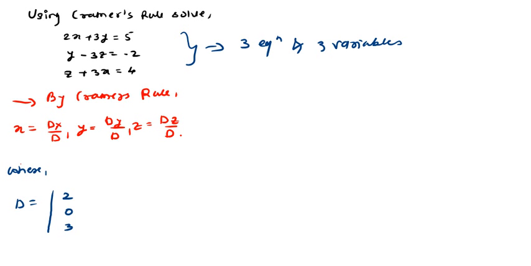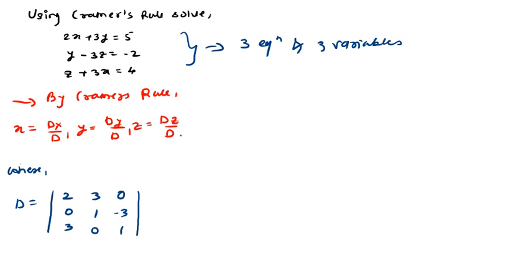In the second column the coefficient of y in the first equation is 3, in the second equation is 1, in the third equation is 0. In the third column the coefficient of z in the first equation is 0, in the second equation is minus 3, and in the third equation is 1.